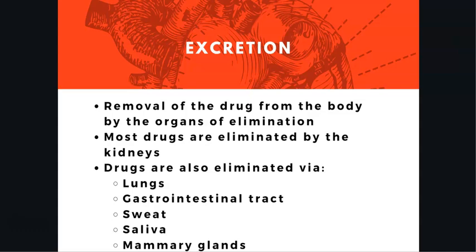So how are most drugs absorbed, where are they metabolized, and then where are they eliminated? In the kidneys. But drugs are also eliminated in the lungs, the GI tract, through sweat, in mammary glands, through saliva. So the renal elimination includes passive glomerular filtration or active tubular secretion and tubular reabsorption.